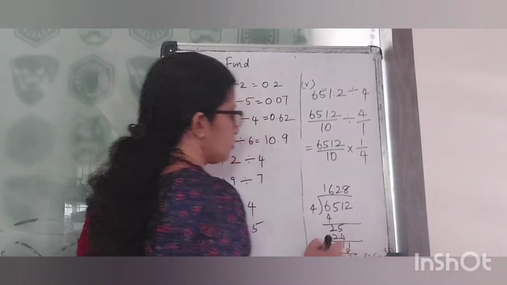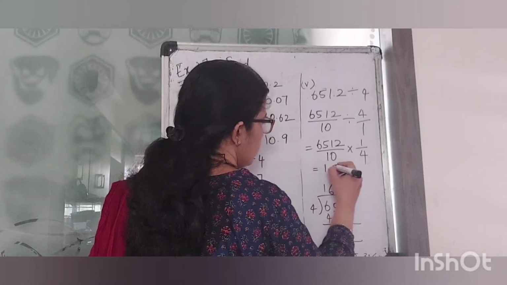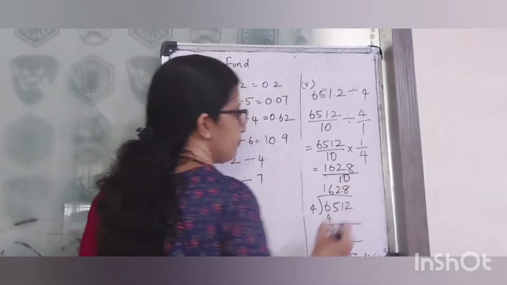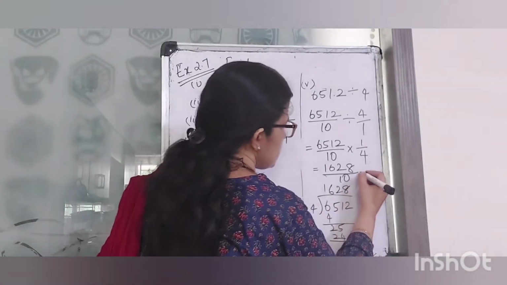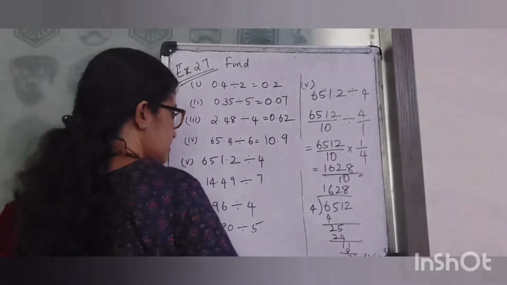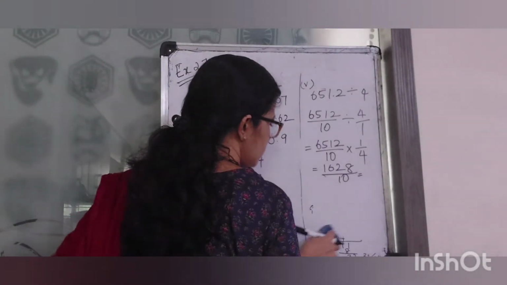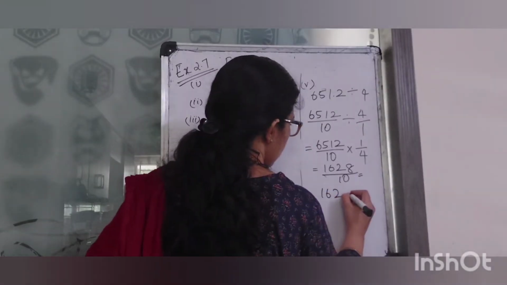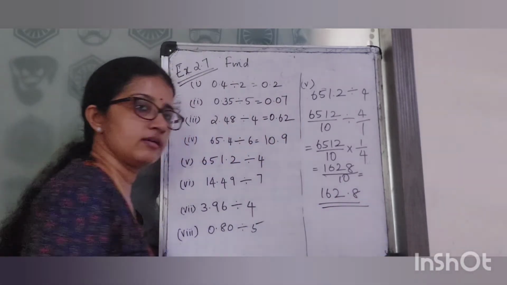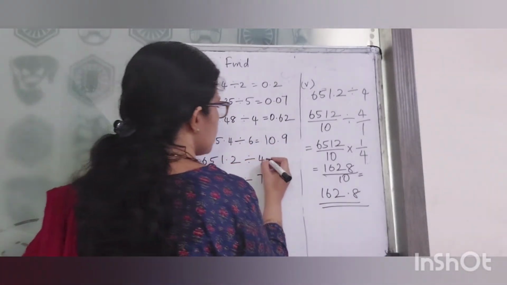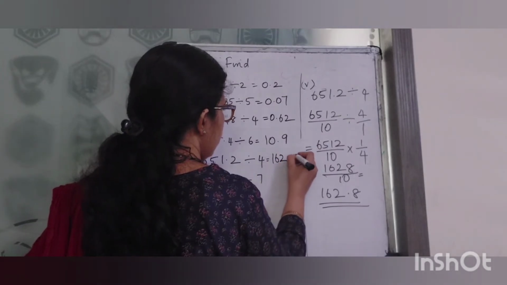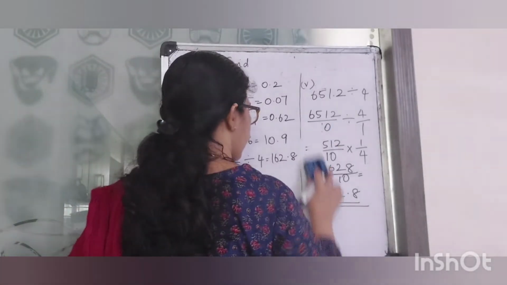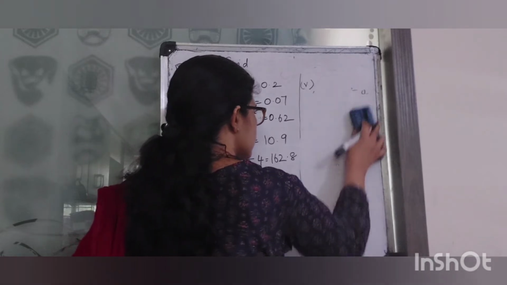So the answer is 1628 divided by 10, which is equivalent to 162.8. So the answer for the fifth question is 162.8. Now let's move on to the sixth problem.